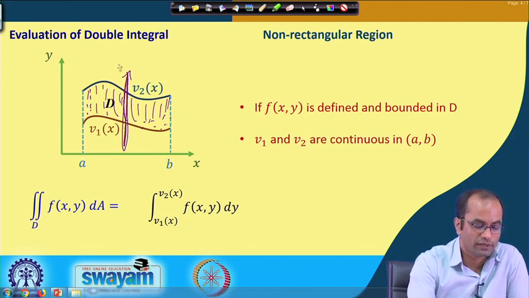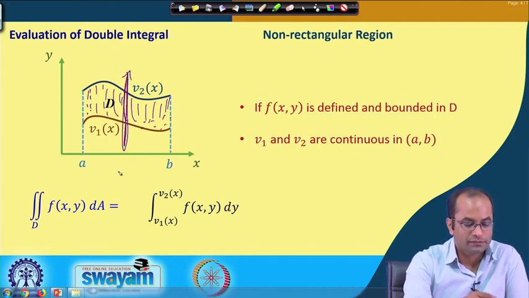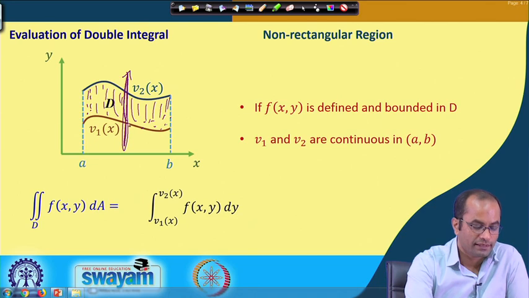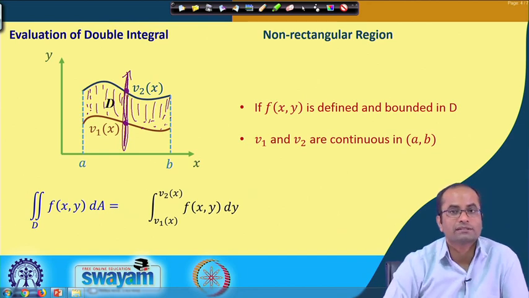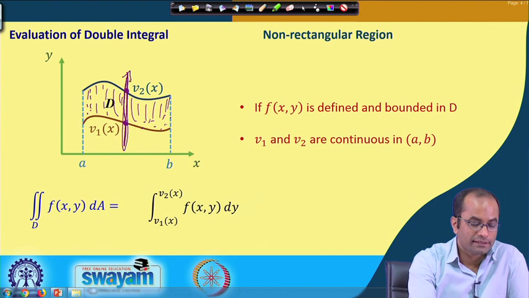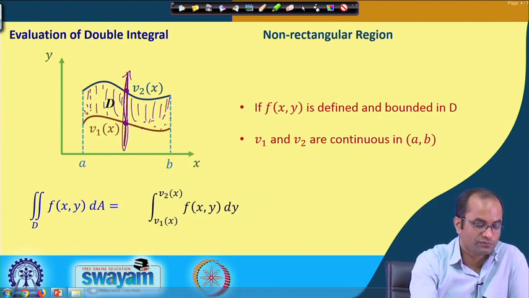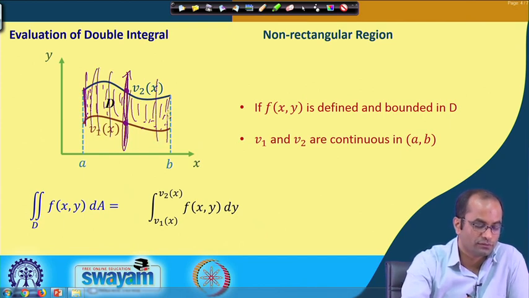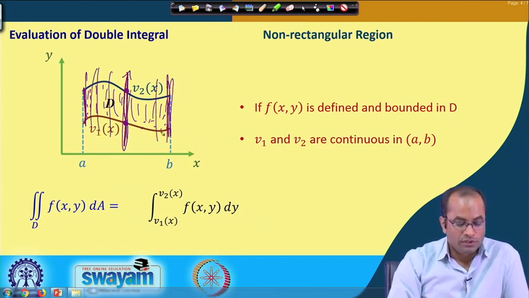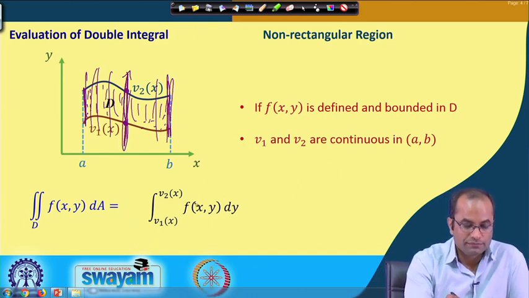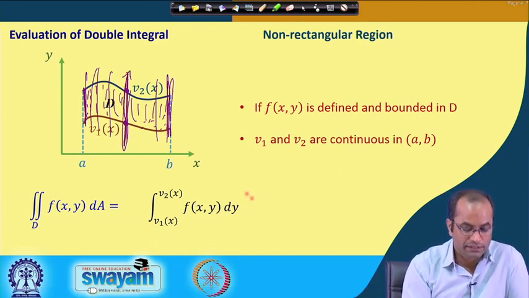With respect to y, draw a line parallel to y, and we see that this line enters at v1(x) and goes out at v2(x). These are the limits in the direction of y, and such lines go from x equal to a everywhere up to x equal to b. So, this is the first integral, which is taken over y.